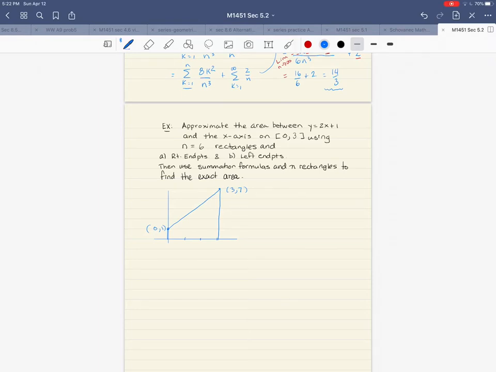Okay. All right. So starting with this, we're going to say let's make 6 rectangles. If n is 6, then delta x is b minus a over n, so 3 minus 0 over 6 gives me each rectangle is a half a unit apart. So here are 6 rectangles.